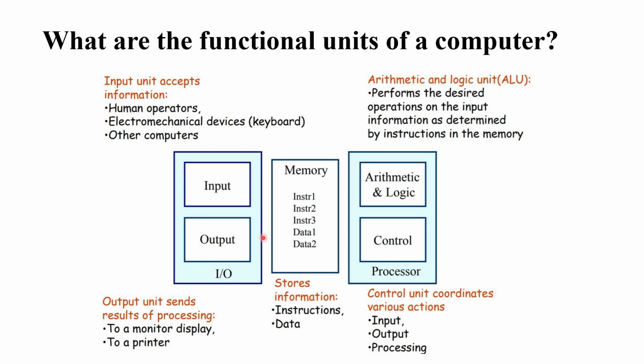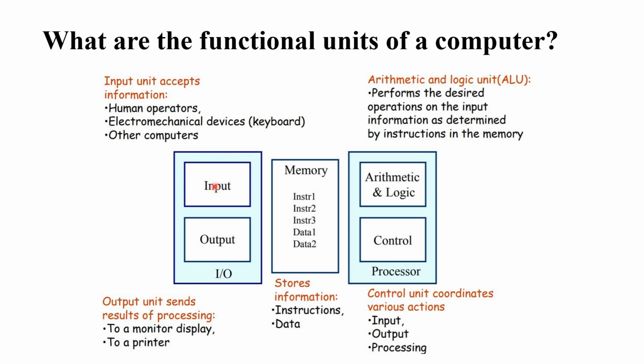Memory unit. The memory unit stores data and instructions. There are two types of memory units: primary memory, temporary storage for data currently in use; and secondary memory, permanent storage like hard drives and SSDs. Input unit.